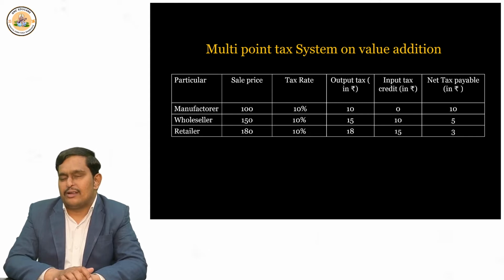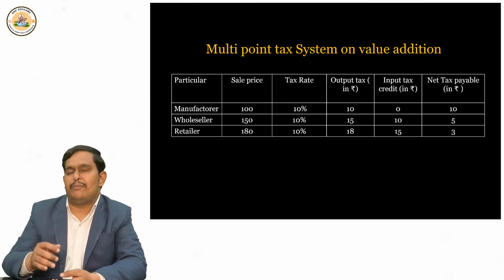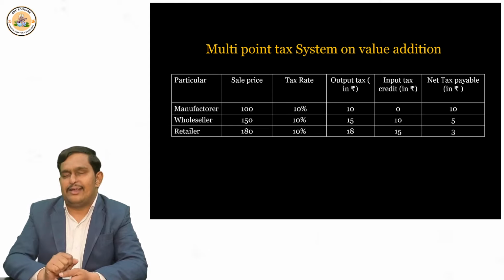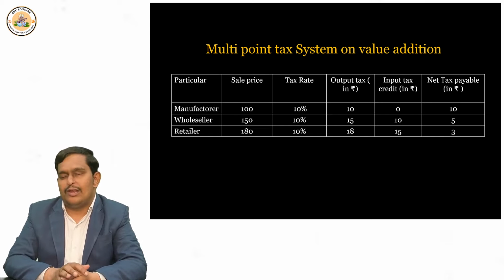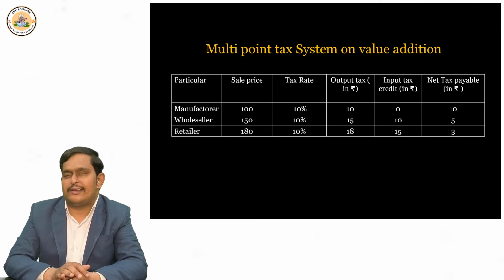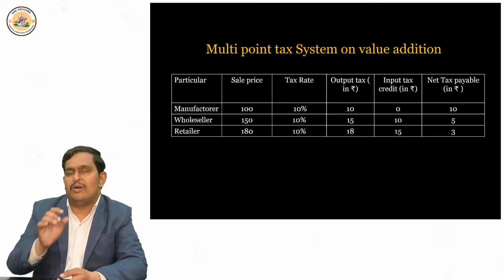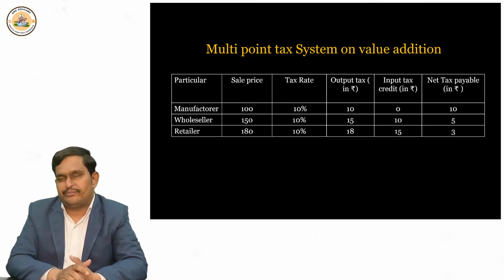And moreover, the chances that people can escape tax are reduced, because at every stage government is collecting the tax. So you will have to pay the tax somehow. You cannot escape complete tax. That's the advantage with the multi-point tax system on value addition.